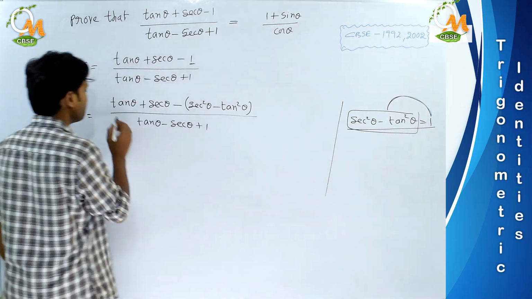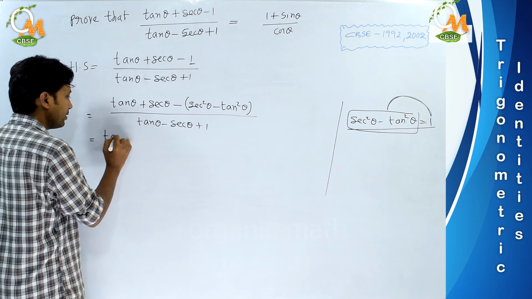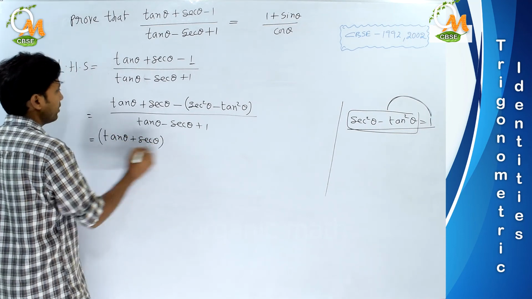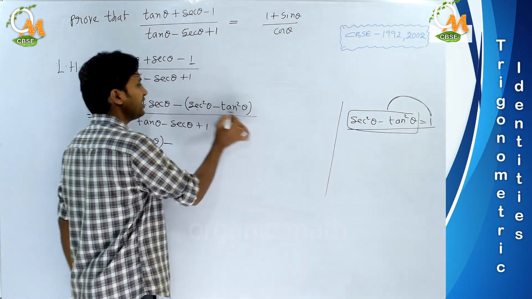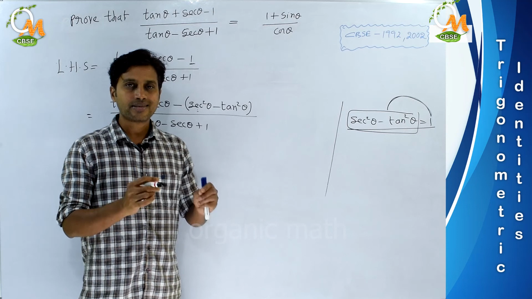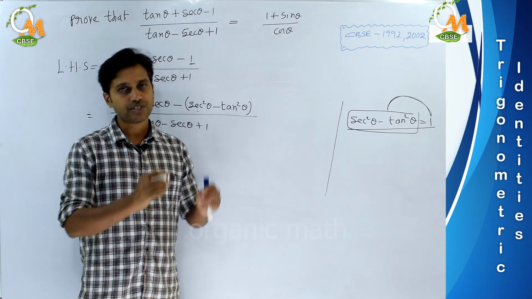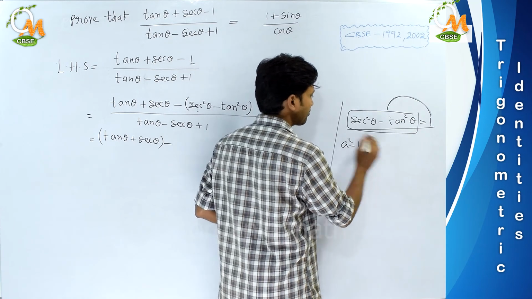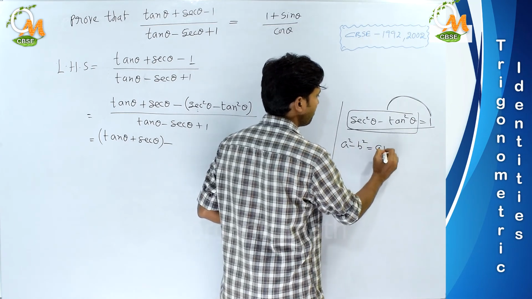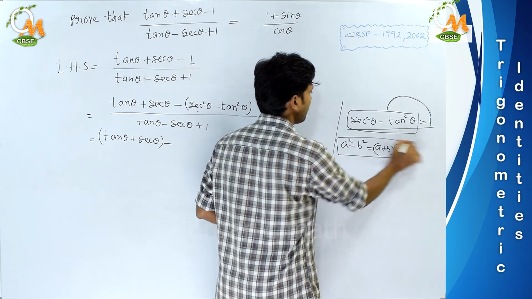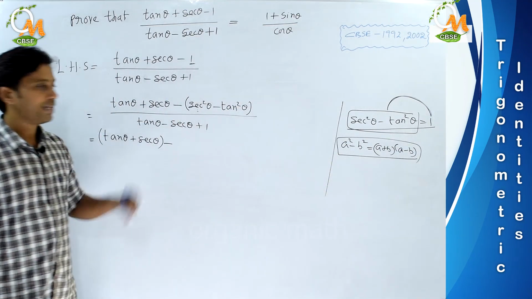Now what we have to do? So tan theta plus secant theta, okay, minus. Since this is in the form of what? Secant square theta minus tan square theta means this is in the form of a square minus b square. So how can we write this? A square minus b square can be split into a plus b into a minus b from algebra, right? So we can substitute here.